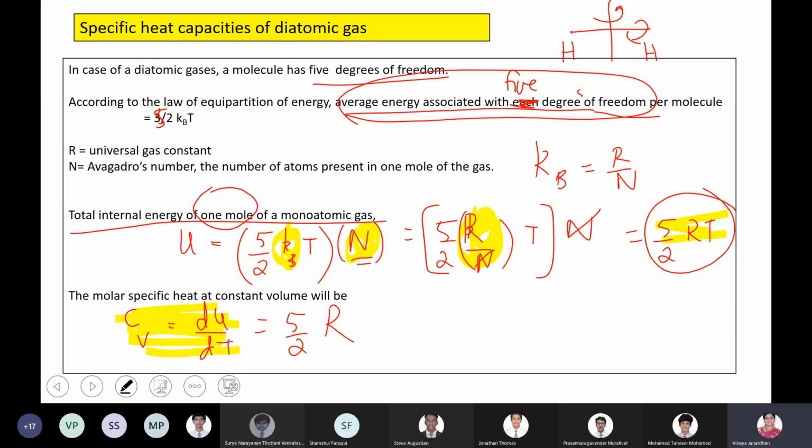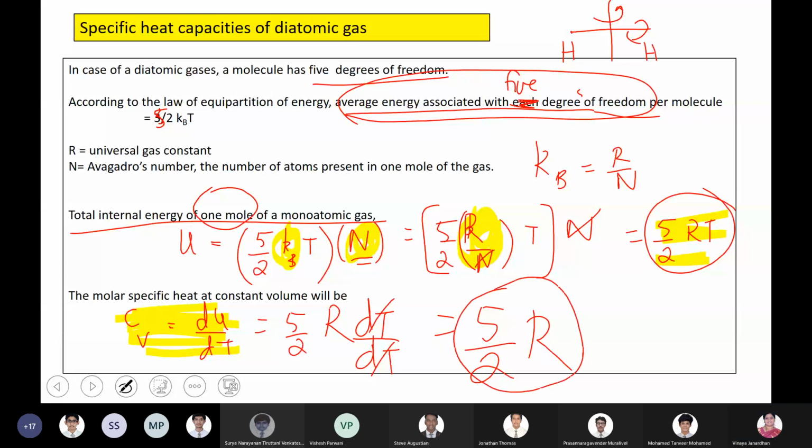So you have to differentiate this with respect to T. That is why it comes to be 5 by 2 R. dT and dT will get cancelled. It becomes 5 by 2 R.